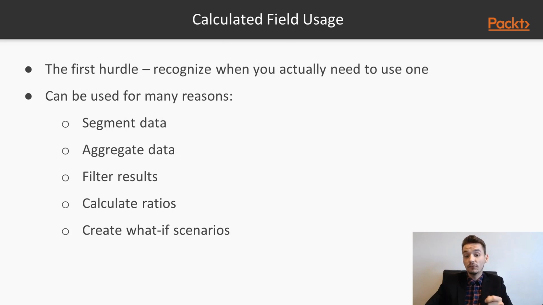The first hurdle to learning calculations in Tableau is to recognize when you actually need to use one. You can use them for many different reasons: to segment data, to aggregate data, to filter results, to calculate ratios, and to create what-if scenarios.